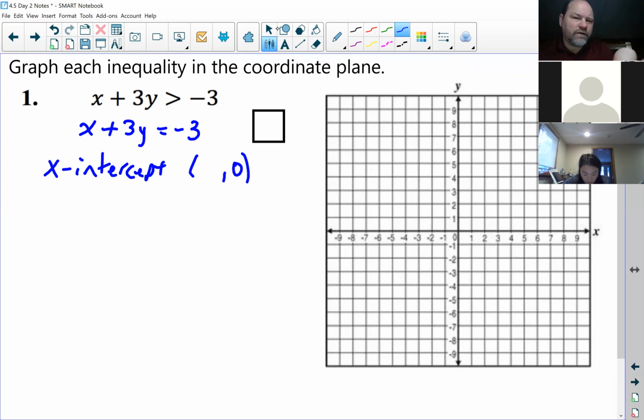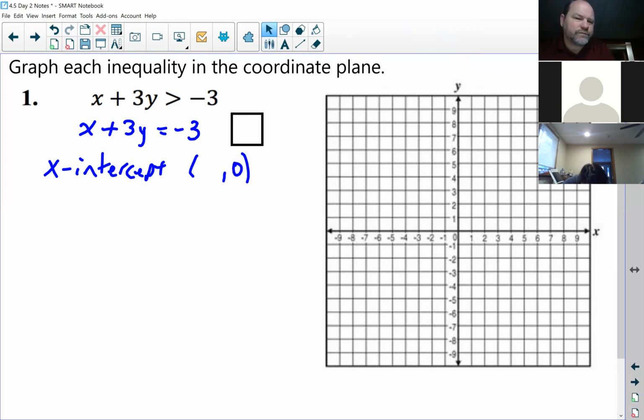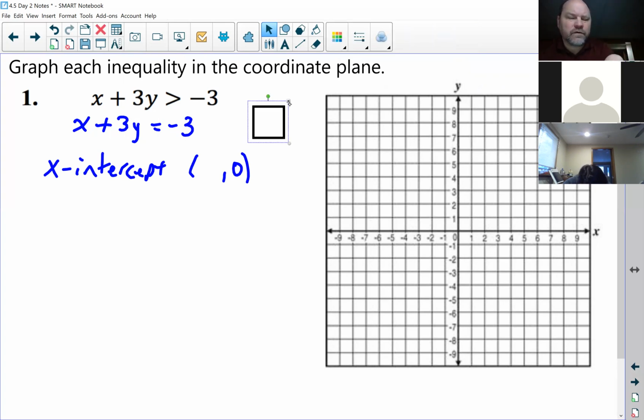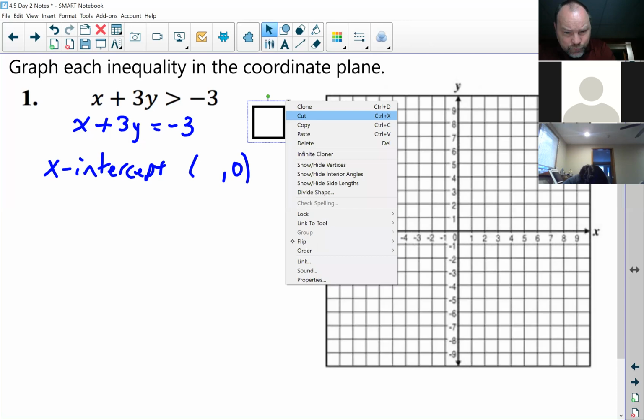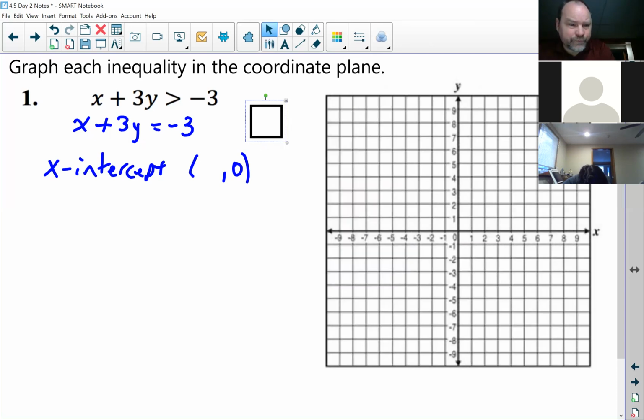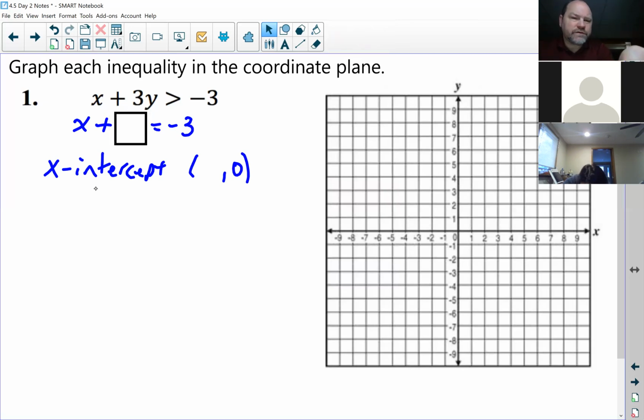So I cover up my y value. There we go. So I get x equals -3, kind of nice. I don't have to do any work. I already have my value of -3.